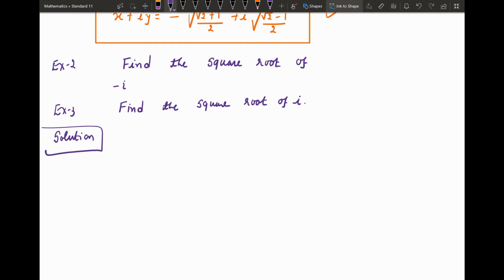Solution. So let x plus iy be the square root of i.